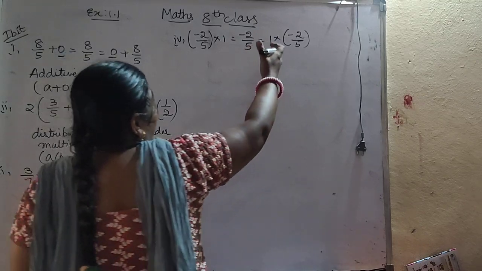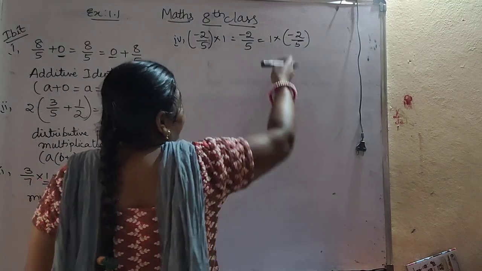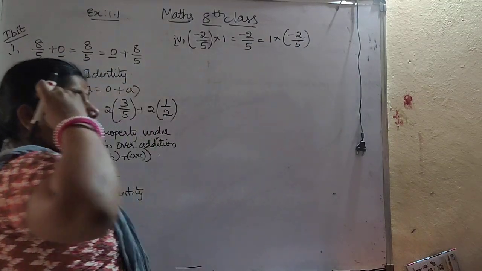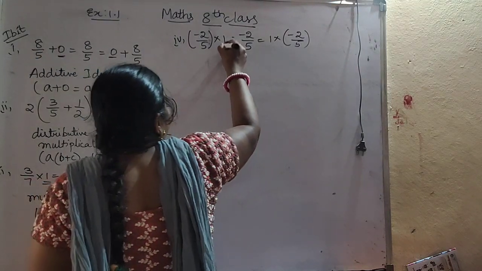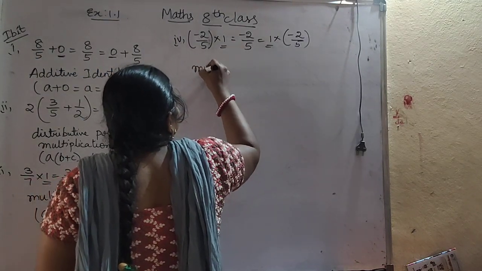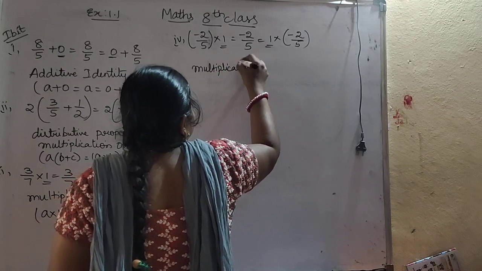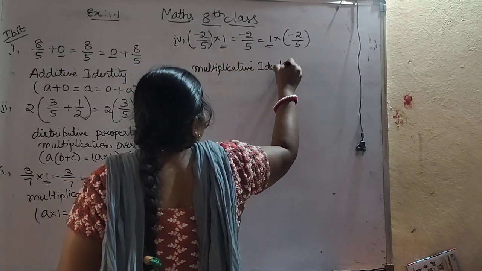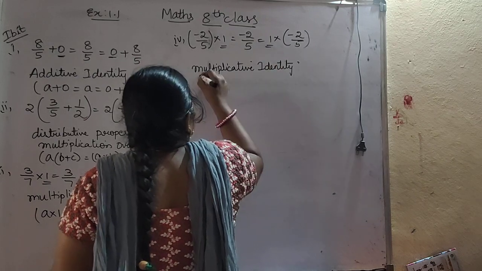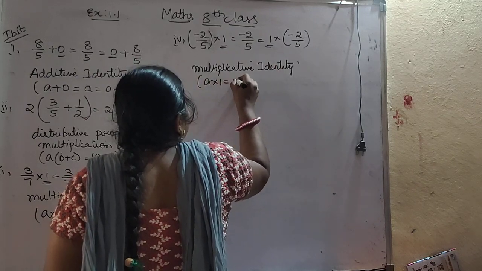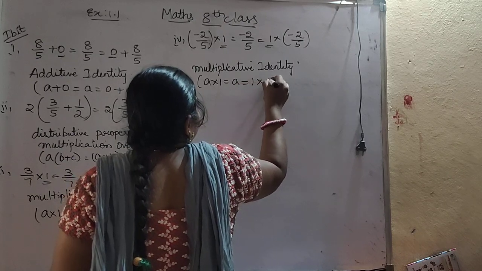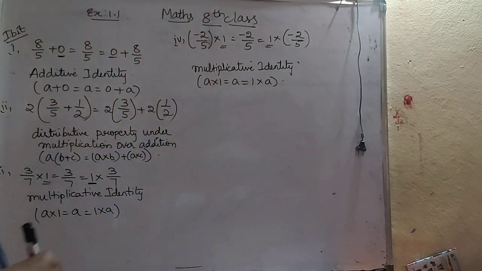So again 1 they have multiplied with minus 2 by 5, again that is equals to minus 2 by 5. So again this is multiplicative identity. So what is the general form? A into 1 is equals to A equals to 1 into A.